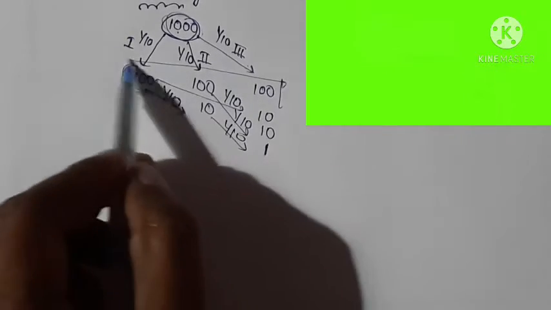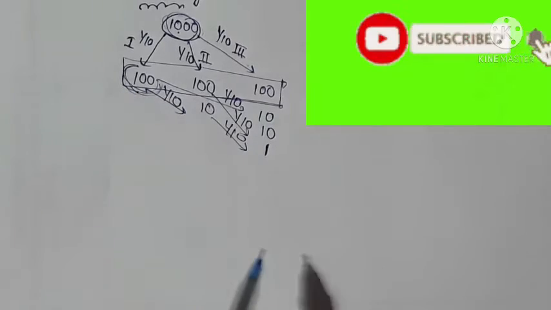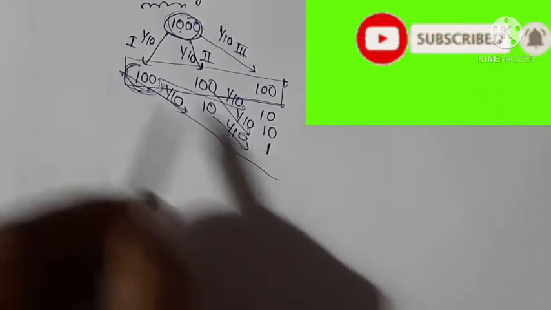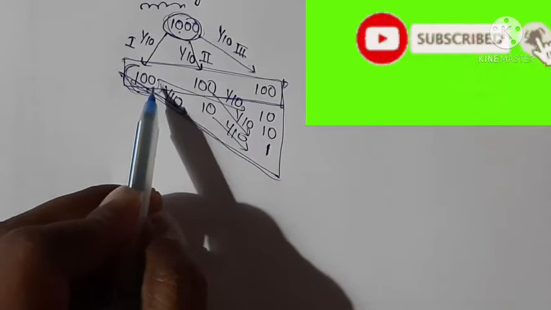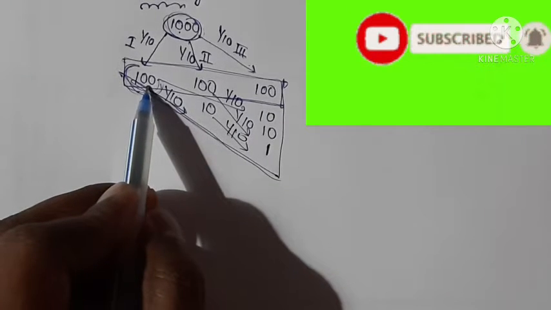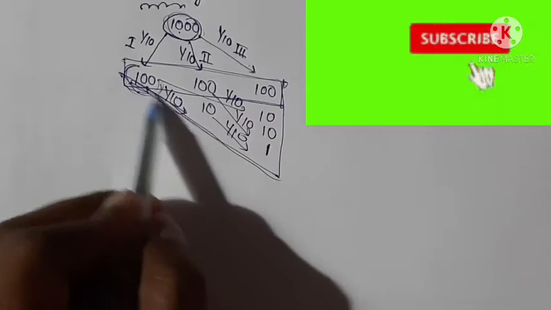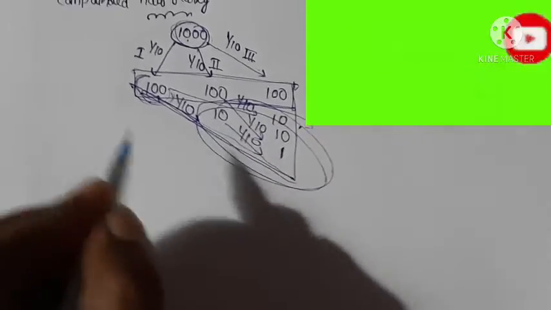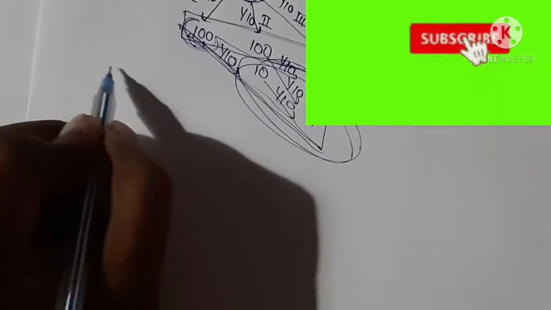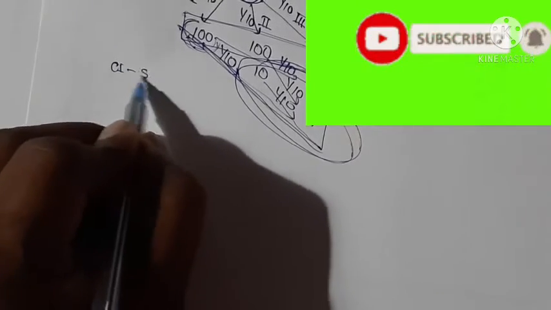So this is the simple interest, and this total is the compound interest. The difference of compound interest minus simple interest is represented by this part. CI minus SI is equal to 31 units.